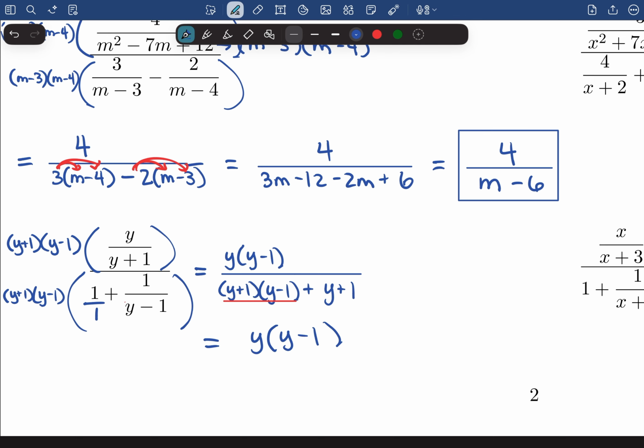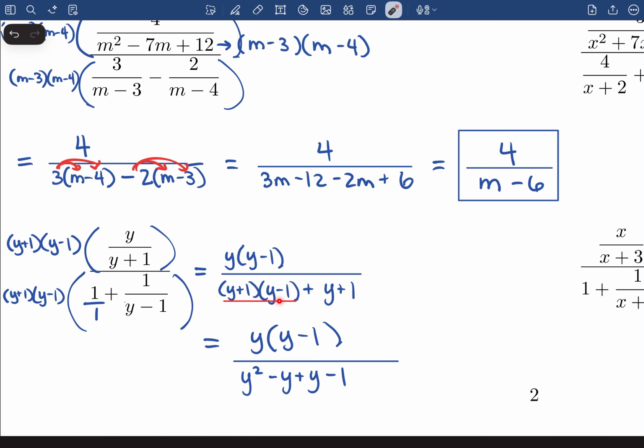And so I'll do that for us. And that becomes y squared minus y plus y, and then minus 1.